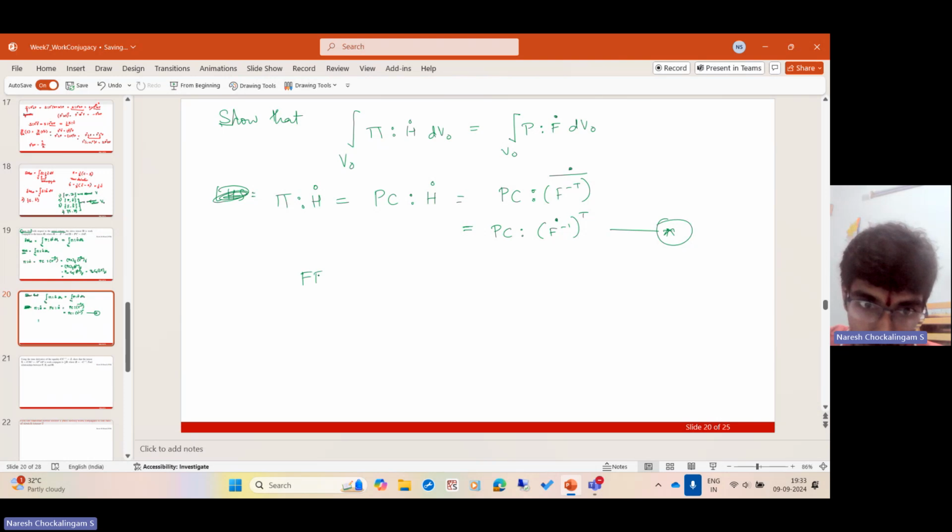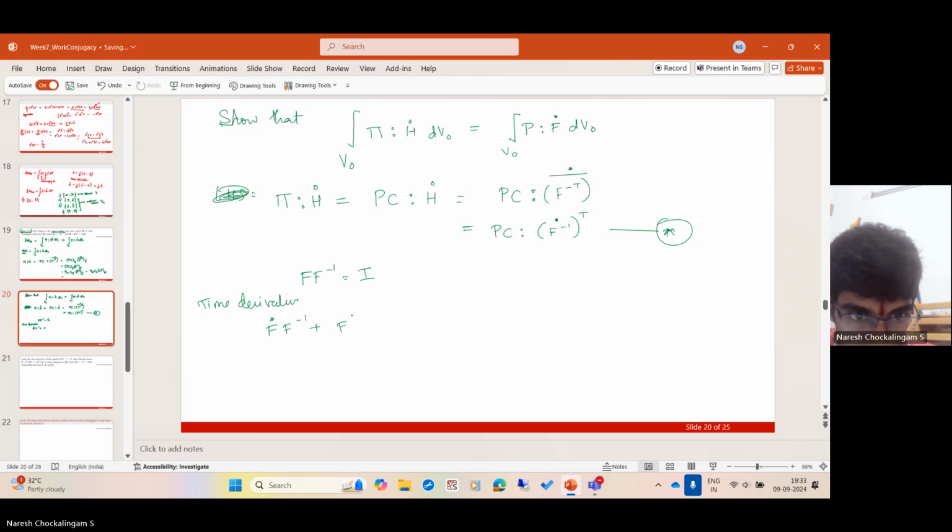Now look at F inverse F. What is this? This is the identity. Take time derivative on both sides. We get F dot F inverse plus F inverse dot F is equal to, this is a constant tensor, so its derivative is 0.